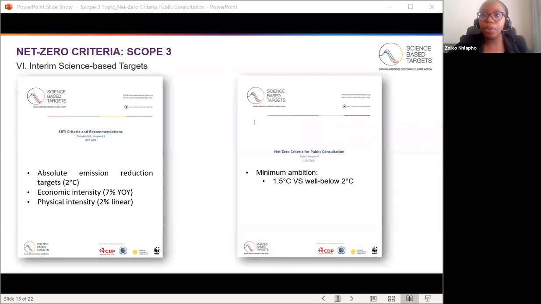This criteria of 40% and a 67% coverage is meant to focus companies on the emissions categories that are most relevant and material to their climate impact, as well as recognize that there are challenges that are inherent in scope 3 emissions accounting and intervention.